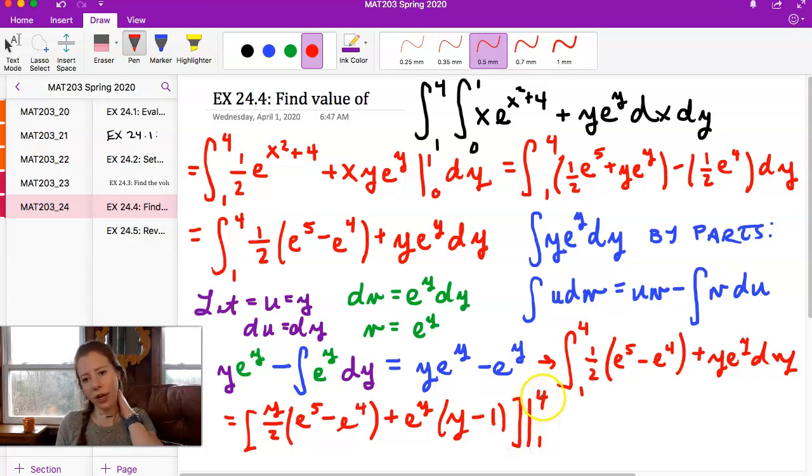Okay, and then we just plug in our 4 for our y's, and we subtract off plugging in our 1's for our y's.